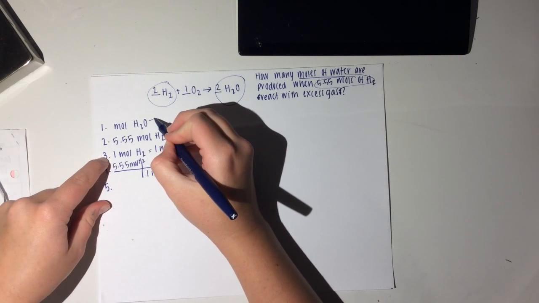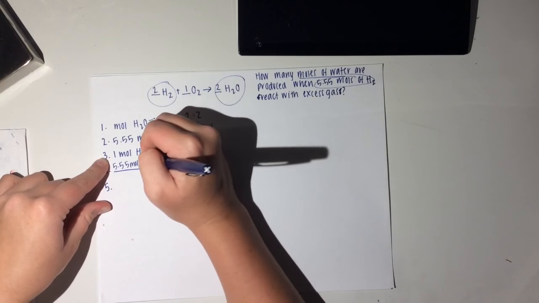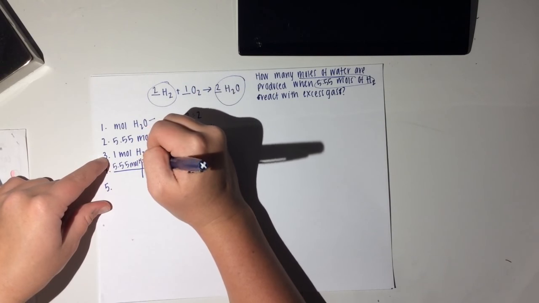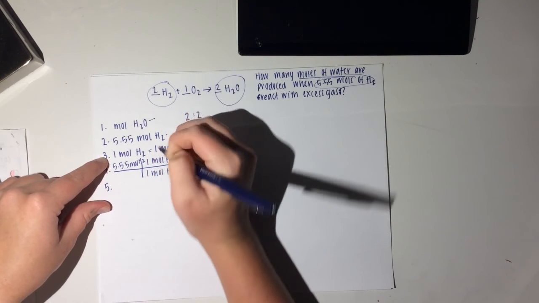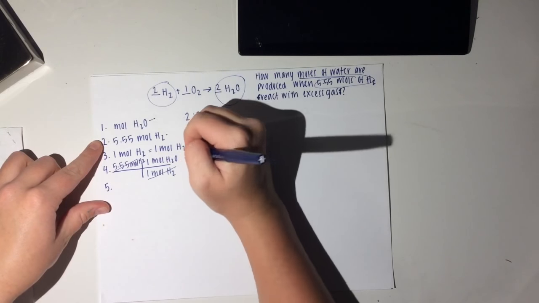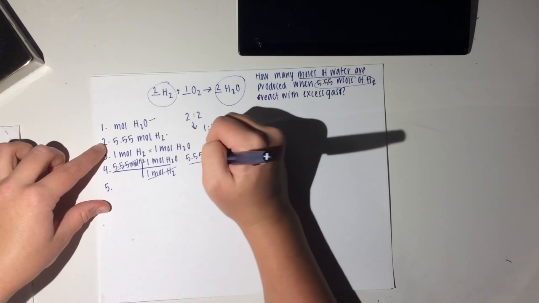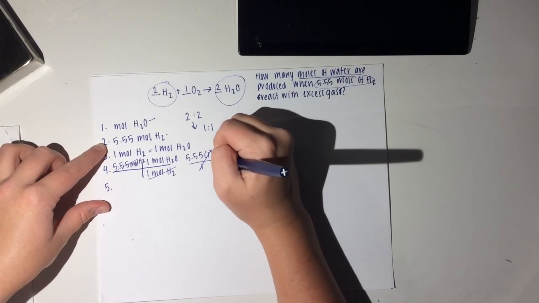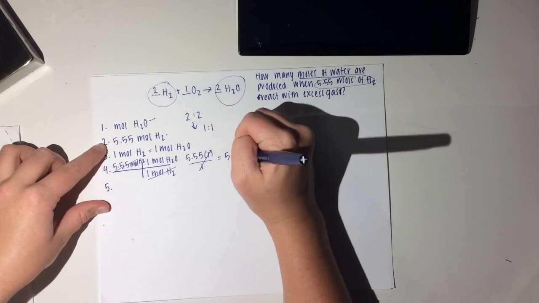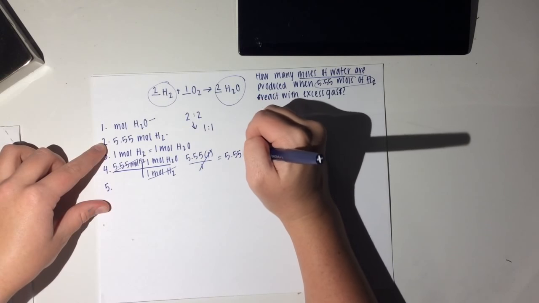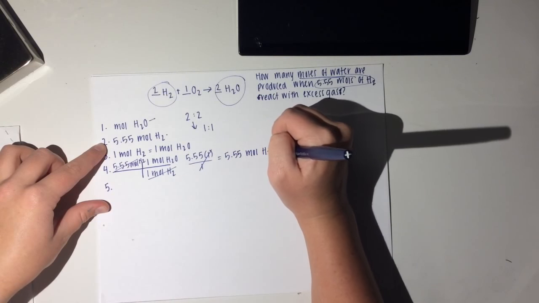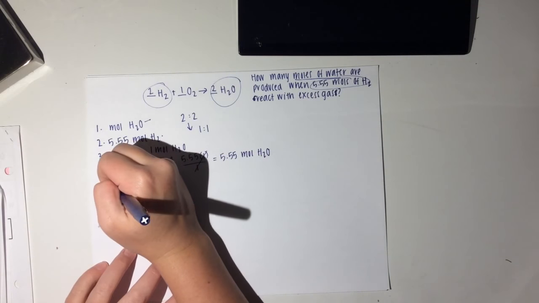And we're trying to find moles of H2O. So we can just write 1 mole of H2O up top. And these will be canceled out. So now all you have to do is do 5.55 times 1 divided by 1. So the answer is 5.55 moles of H2O, which we write in step 5.